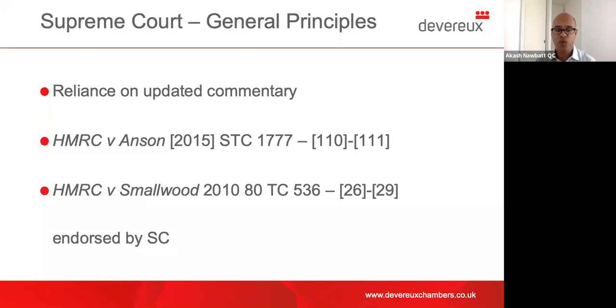The second was the Supreme Court's reliance on its earlier judgment in the case of Anson, and in particular paragraphs 110 and 111 of Anson. In those paragraphs, the Supreme Court had emphasised the fact that the treaty, or a treaty, should be construed not in a literalist manner, but rather in a manner which is international, not exclusively English.